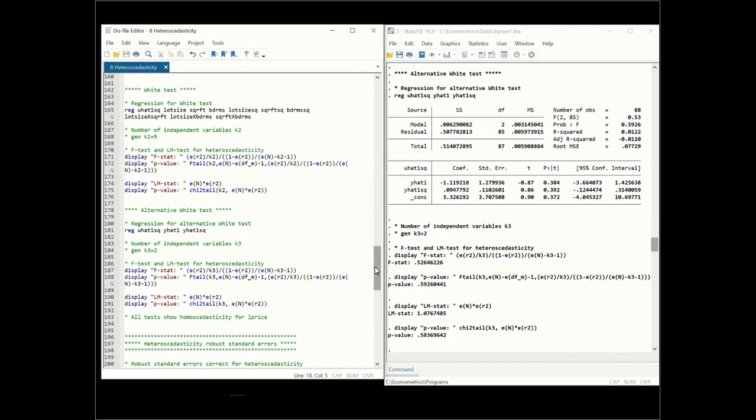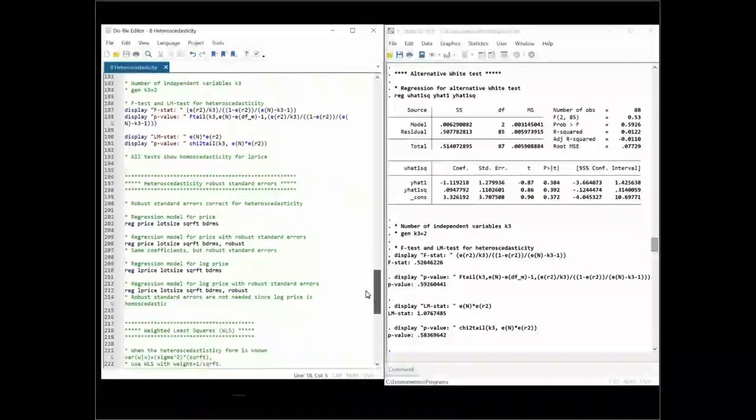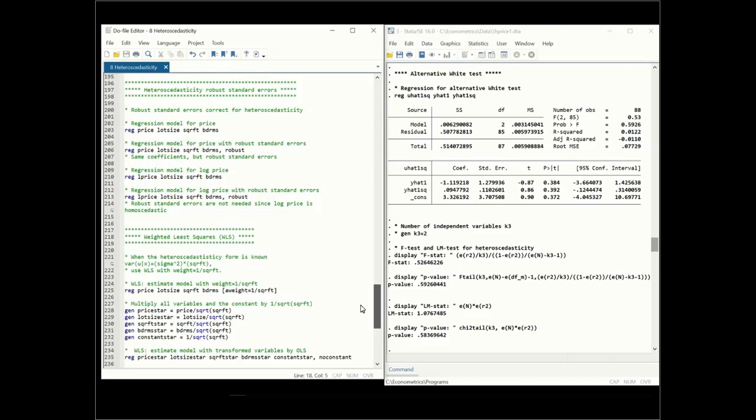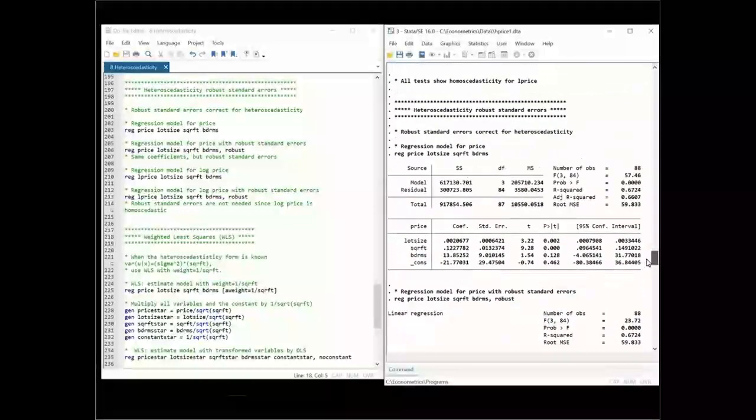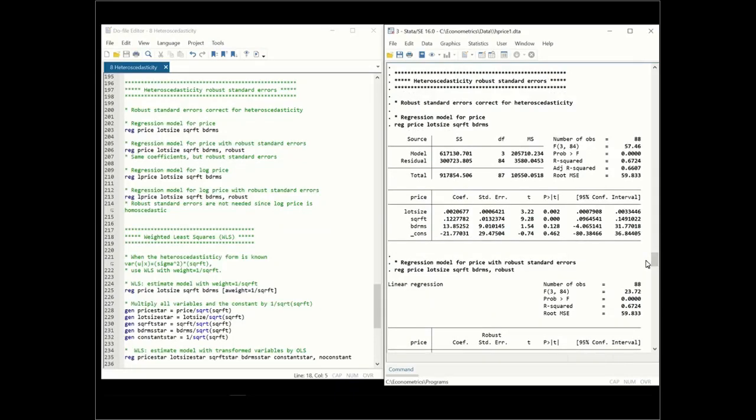Okay, so the first correction that we would be doing here is heteroscedasticity-robust standard errors. Many software packages, including Stata, calculate these. How it's done is we regress the price on the three independent variables. Then if we want robust standard errors, we would have exactly the same regression, but we would add comma robust.